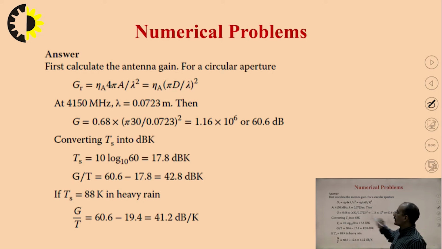GR is equal to eta A times 4 pi A upon lambda square, which can also be derived as eta A times pi d upon lambda whole square, using the diameter. Since the frequency is given as 4150 megahertz, you have to calculate lambda, where F is equal to C by lambda.